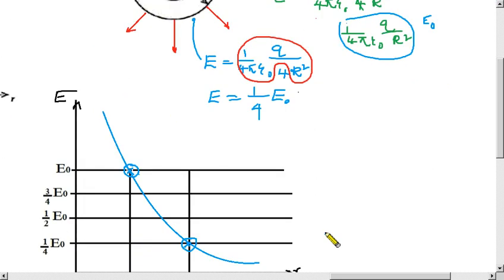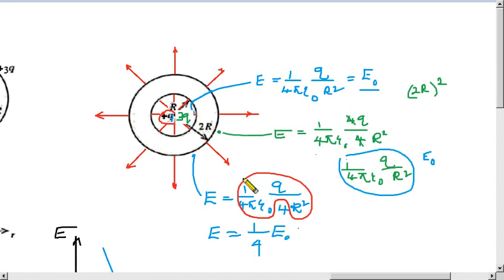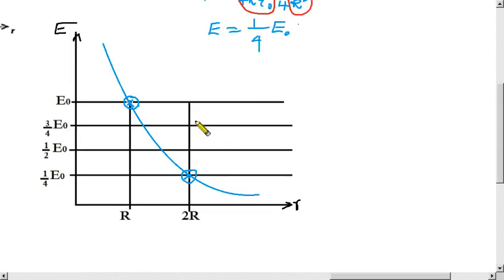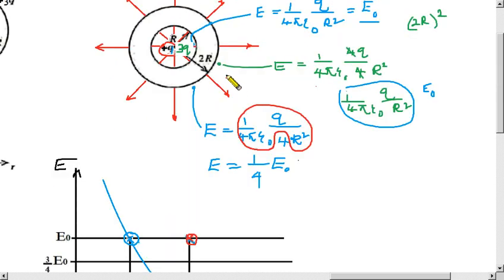So the real intensity at 2R distance is E naught, this one here. This one is the point. So beyond that, the field intensity decreases according to 1 over r squared, that means a shape like this.